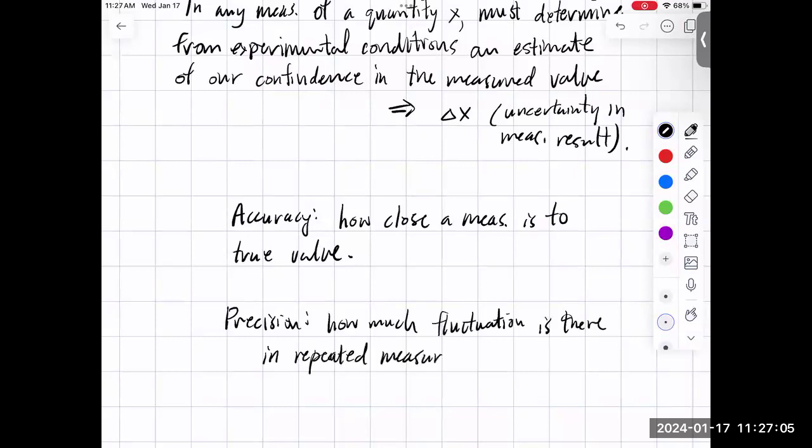So if I do an experiment and I measure some quantity X, and then I do that same experiment over again, I'm going to get a different value of X. Every time I do it, I'll get a new result for X, and they're never going to be exactly the same. So how widely those results are distributed tells us about the precision of our experiment.